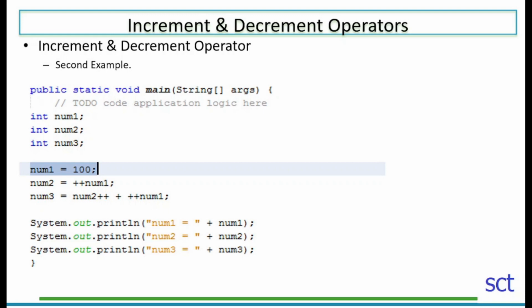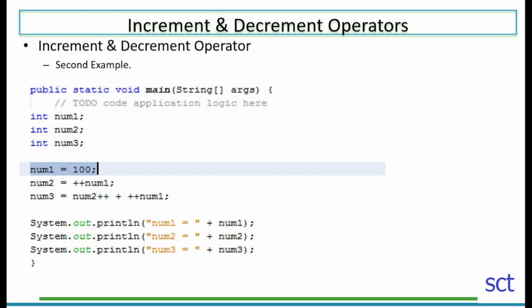Okay, which means 100 plus 1 is equal to 101, and that 101 is going to be assigned to number2 here. And later on what I am doing, number3 is equal to number2 plus plus, which means that I am adding number2 plus plus, but this is going to be a post increment, but number1 is going to be a pre-increment.